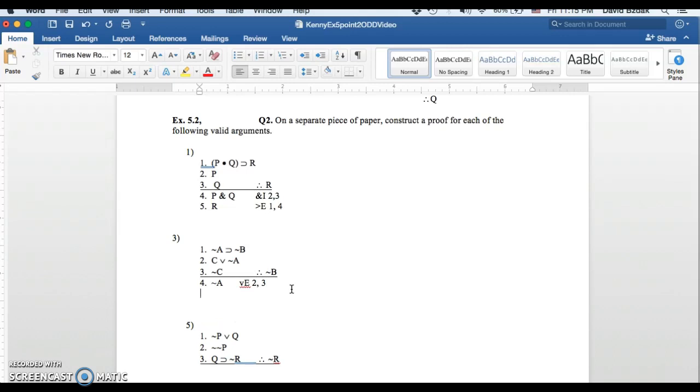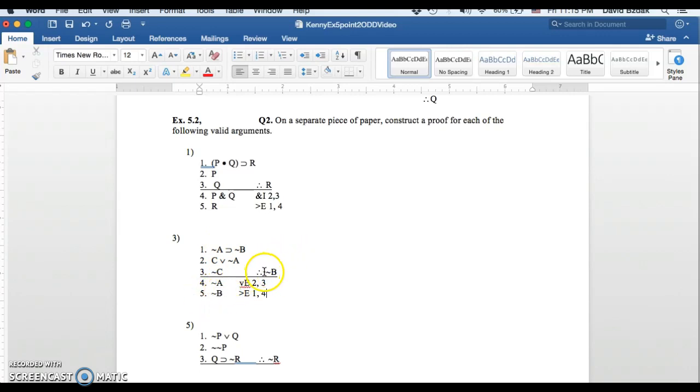So now we've got not A, and we needed not A to get not B by conditional elimination. So conditional elimination, again, requires two inputs, a conditional, that's on line 1, and the antecedent of the conditional, which is on line 4. And again, that's it.